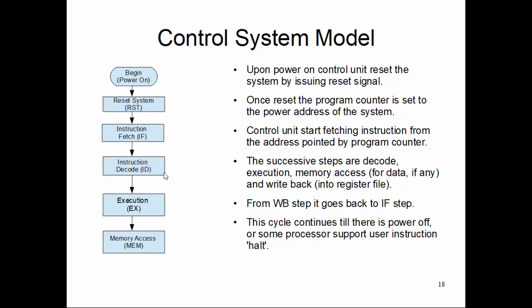If the instruction involves accessing the memory, like reading from or writing into memory, it accesses it at this cycle. If an instruction is not involved with memory, it still goes into this memory access state but does nothing. It does not send any request to the memory, it's just idle.